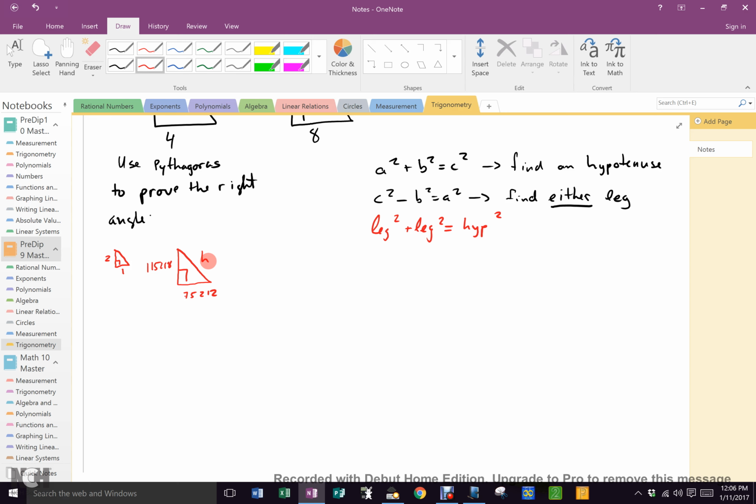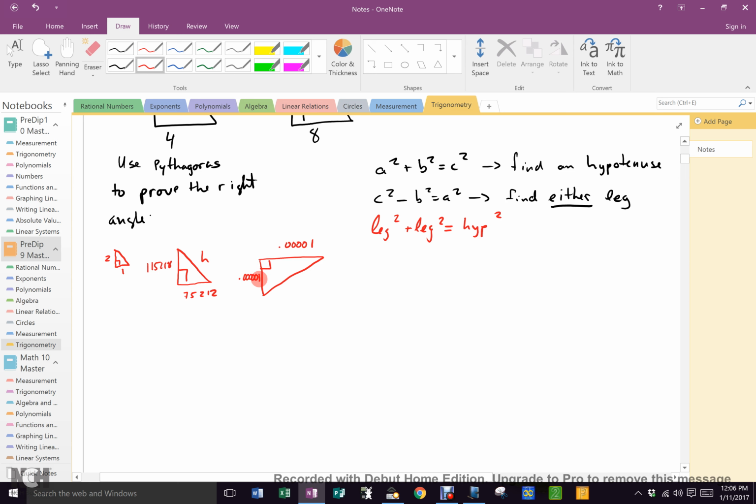Leg squared plus leg squared equals hypotenuse squared. Right? Okay. Draw a third triangle with the long side, then down, then up. Put that in there. This long side is 0.00001, and this side is 0.00001.